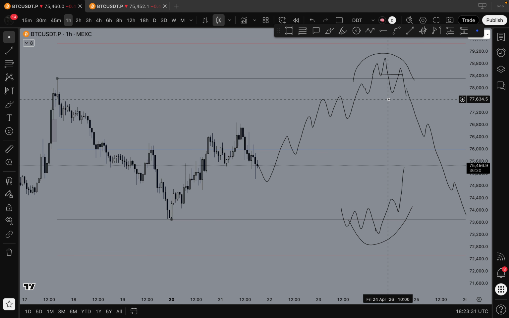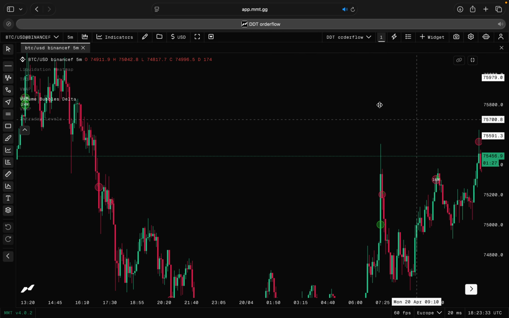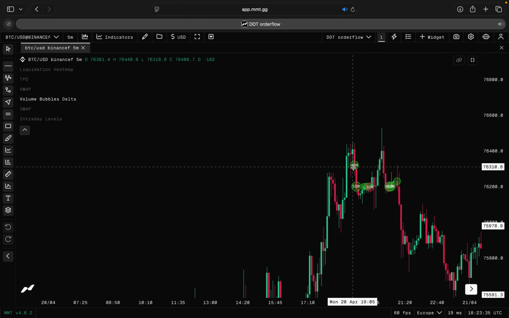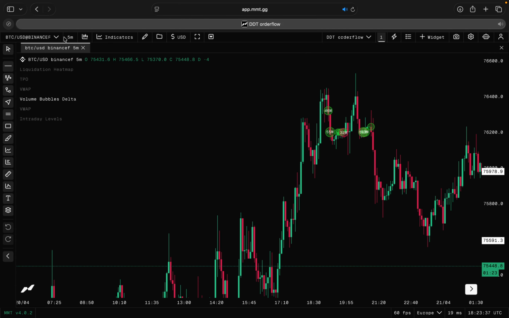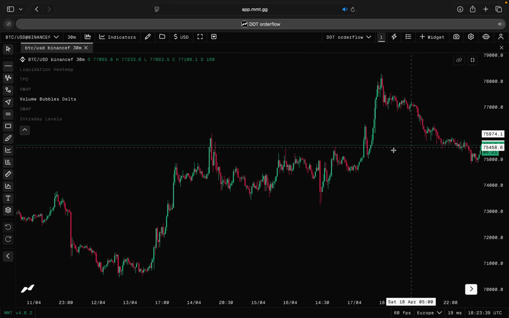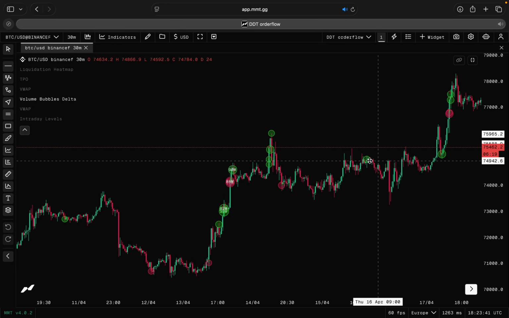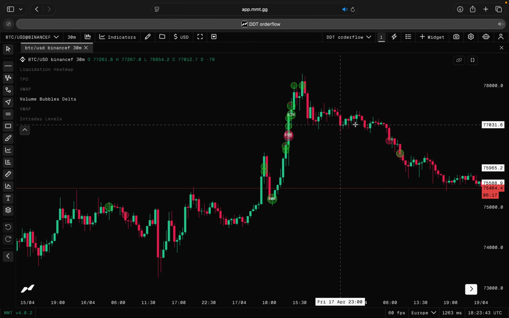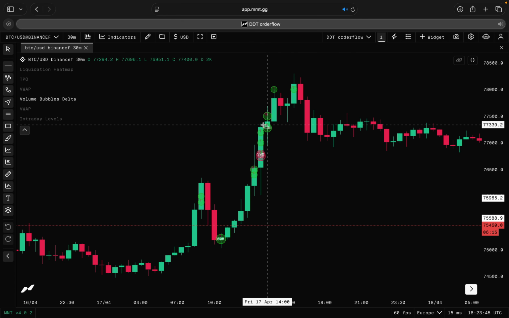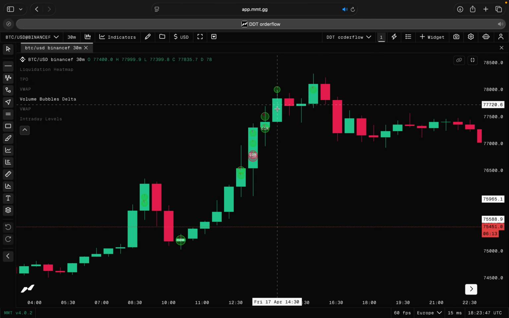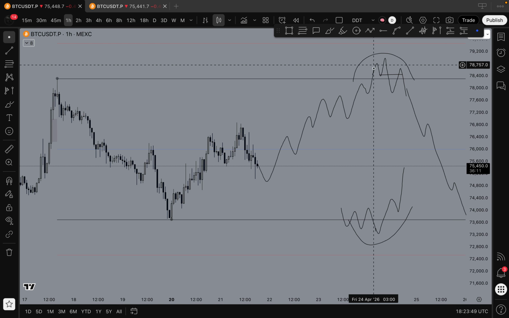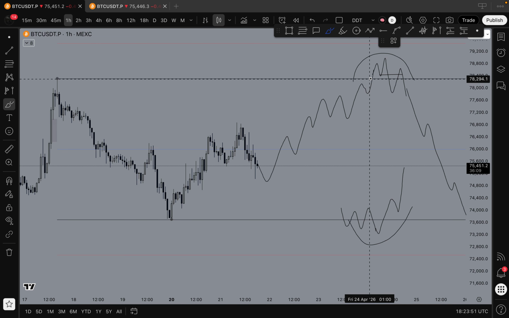So if you have, what did we have here? 46. Let's zoom out a little. Here, 61 million, and then there a few. Let's say you have 100 million of market buys here.